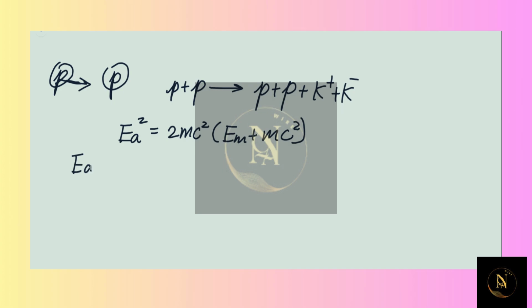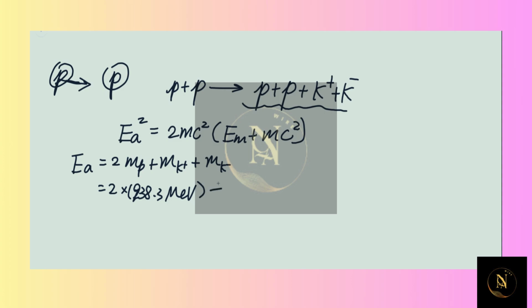Let's first find the available energy. The available energy must be at least the sum of the rest energies of these particles. So the available energy will be at least 2 times the proton mass plus 1 times K plus plus 1 times K minus. The proton has a mass of 938.3 MeV.